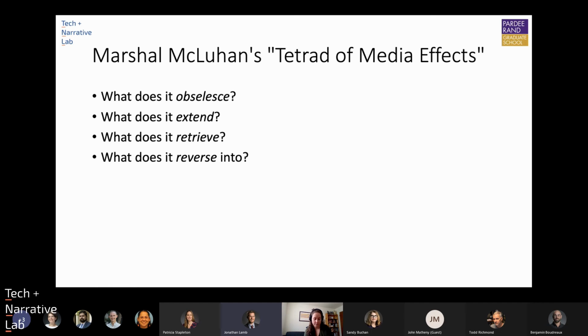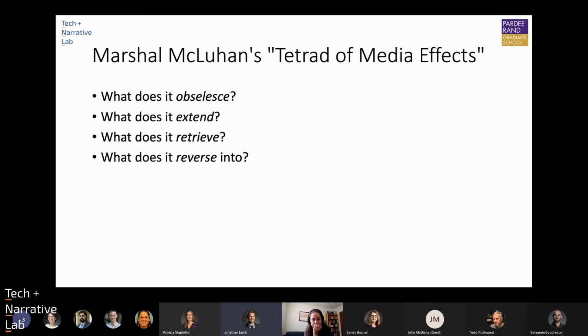So something like Skype or social media might retrieve this idea of gathering around in a more intimate environment and recreate that idea or practice in a digital space.